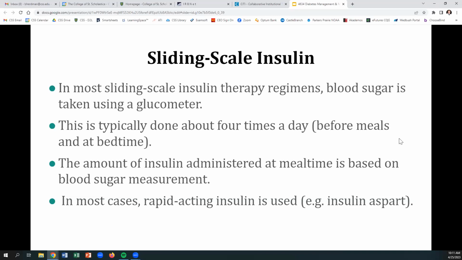The amount of insulin then administered is based on the blood sugar measurement. Okay, and so before these meals, we have to do this blood sugar reading before the meals because the minute a food substance touches the tongue of a patient, they're already absorbing that sugar and you're going to have a false reading, right?